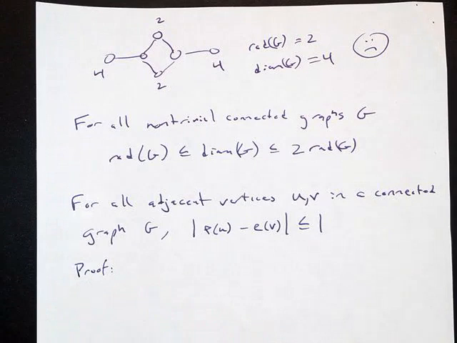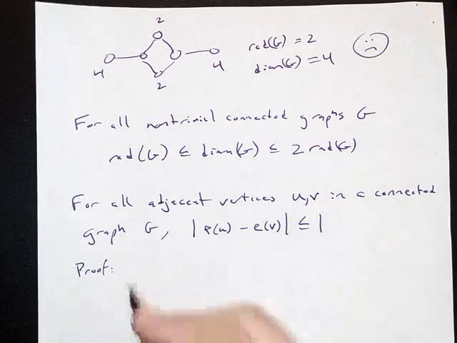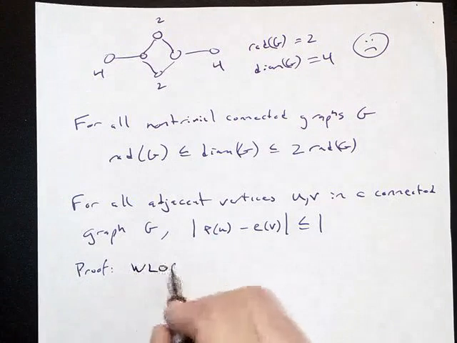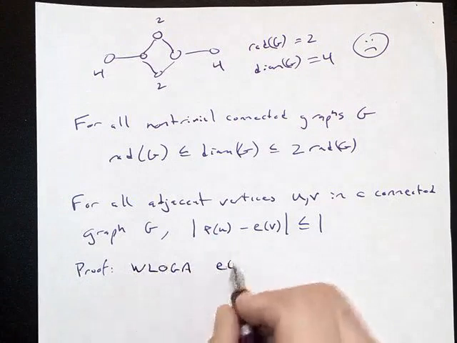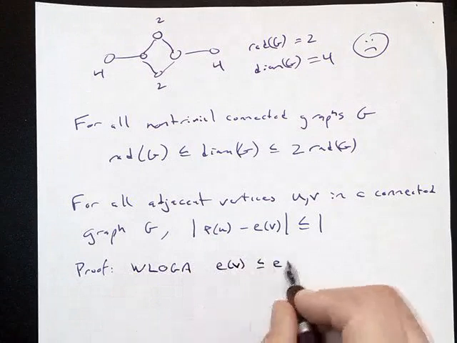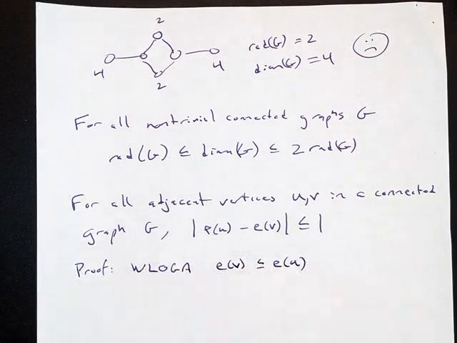Only thing I know about U and V is they're next to each other. So let's pick one of them. The way I've written E of U minus E of V, I'm going to make the assumption that E of U is the bigger. Without loss of generality, assume E of V is less than or equal to E of U. That way I can ignore the absolute value sign.